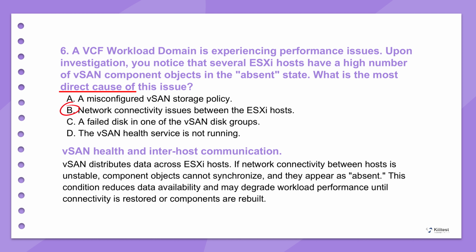It can't rebuild components if a drive fails or a host is down. It can't maintain quorum properly. Components get marked absent because the cluster state is inconsistent. And the direct result is often severe performance degradation. So check the host-to-host vSAN network first. Switches, NICs, cabling. Absolutely. Before you start blaming disks or controllers, make sure the network underpinning vSAN is solid.